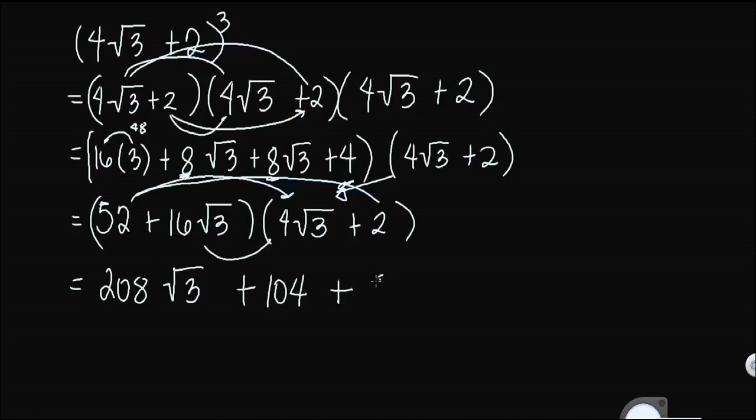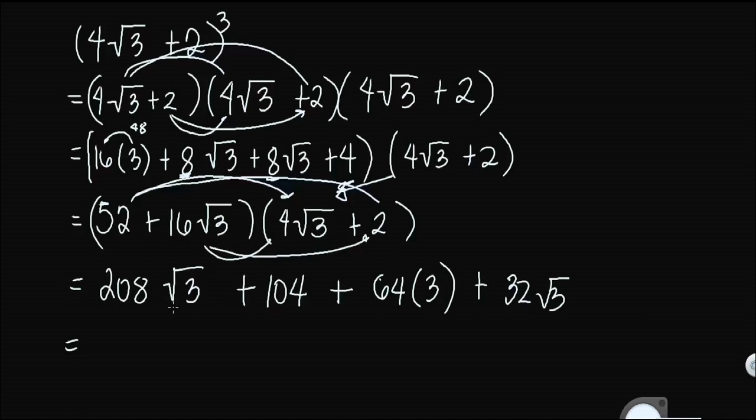Square root of 3 times square root of 3, we have 3. 3 na lang, no? Kasi square root of 9 yan eh. In last term, 16 square root of 3 times 2, we have 32 square root of 3. 16 times 2 is 32 square root of 3.